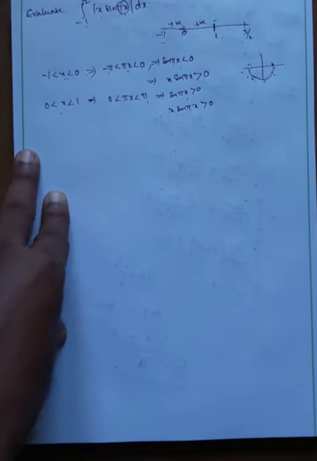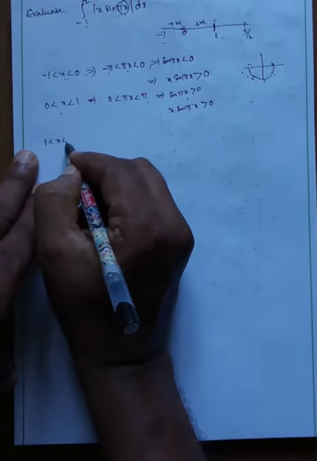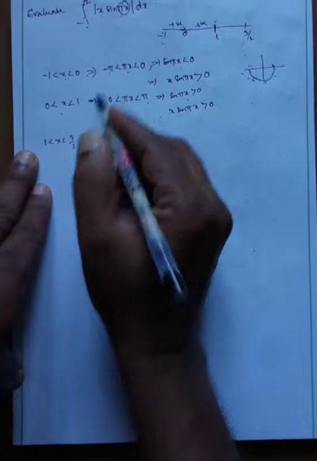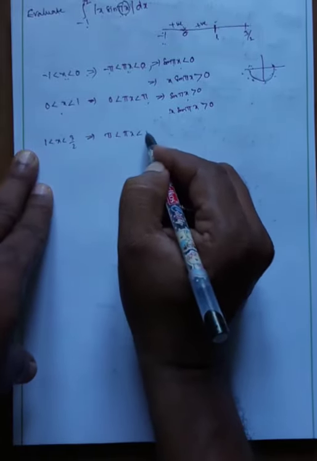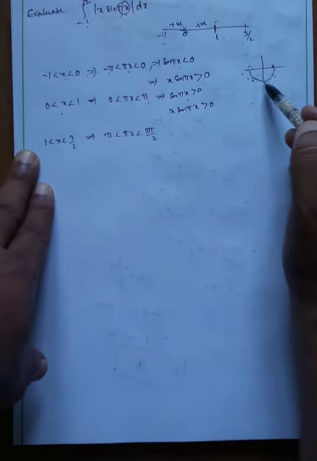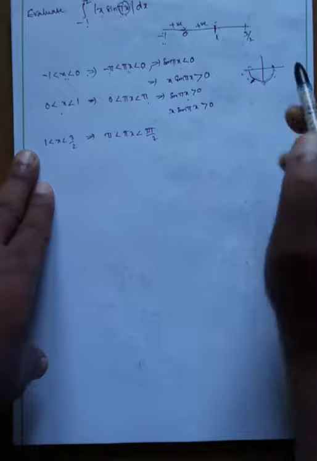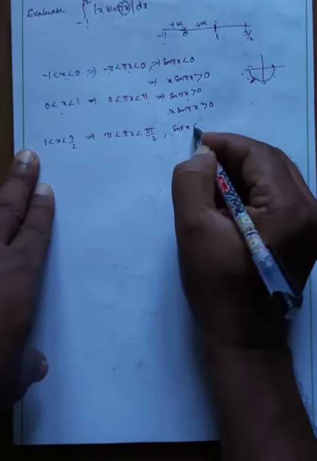Next 1 to 3 by 2. Here x value is positive, 1 less than x less than 3 by 2. Now multiplying with pi, pi less than pi x less than 3 pi by 2, my dear students. Pi to 3 pi by 2 means this is the third coordinate. In the third coordinate, what about the sign? Sin pi x is less than 0.